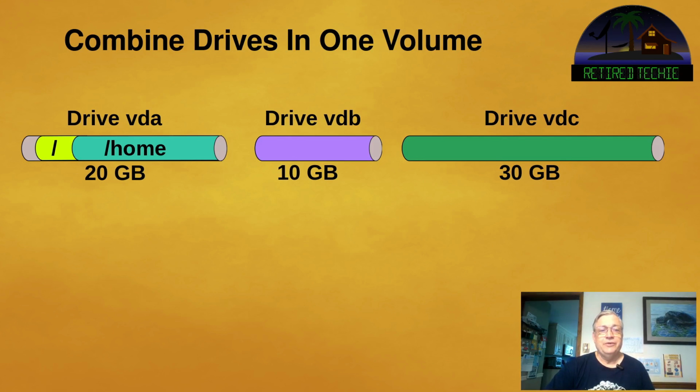So what we want to do is add on to VDA2, and you've got to keep this clear. The volume VDA2, we want to add VDB and VDC, but we don't want to add the drives. What we're going to do is partition each of these drives, so we'll have a VDB1 and a VDC1, and then we're going to add those to the VDA2.